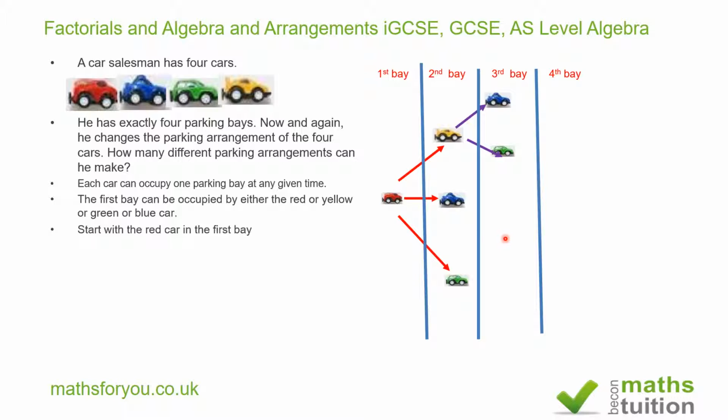Now, suppose I've got a blue car in my second bay, and I have the choice of having a yellow car in the third bay or a green car in the third bay. And assuming that we had a green car in the second bay, there are only 2 cars left now, so I have the choice of either having a blue car in the third bay or a yellow car in the third bay. I hope all that makes some sense. Right.